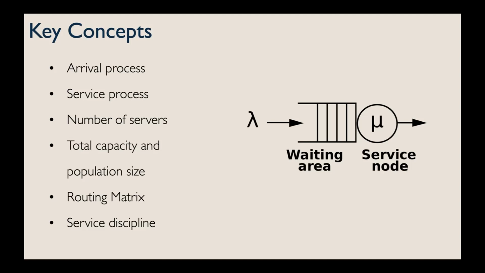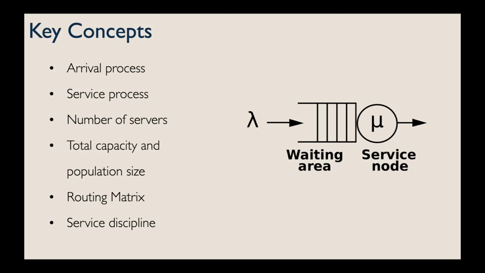Then we need to have a routing matrix, which in a queuing network context tells us where customers need to go after they receive service from a queue. And these, in the images you will see, are usually denoted by arrows connecting the stations. Then we also need to define the service discipline, which is the order in which we serve customers.